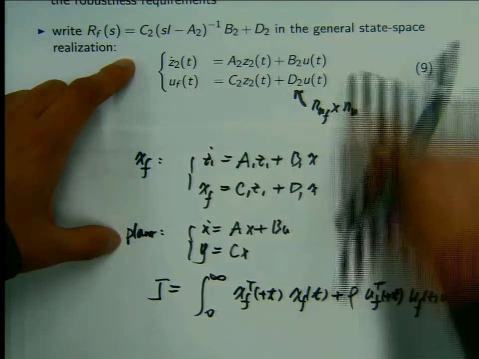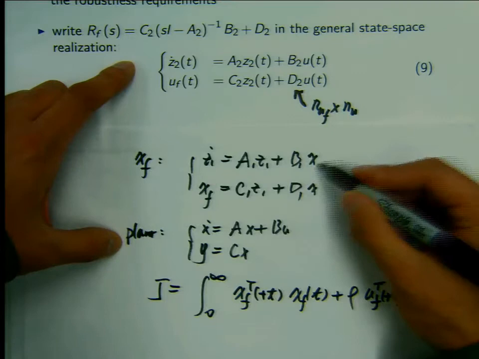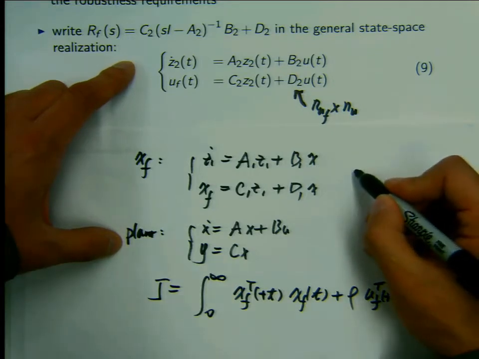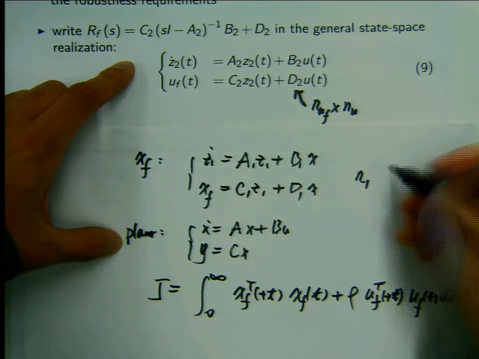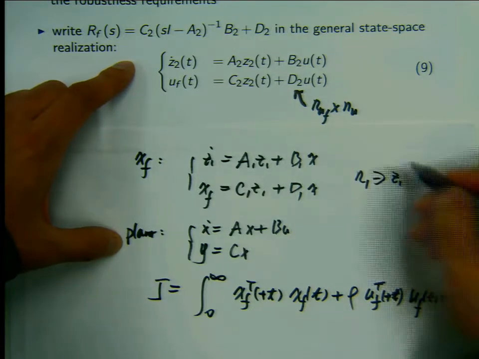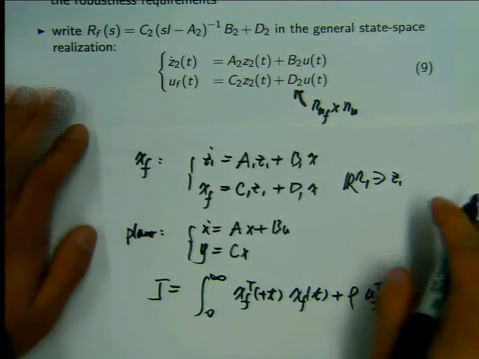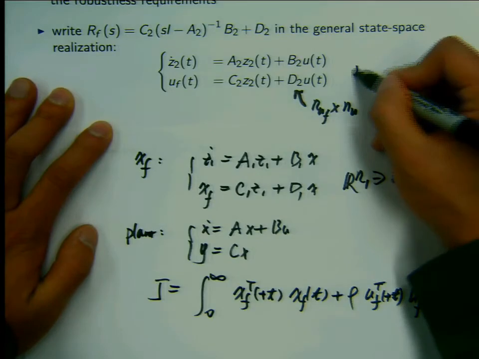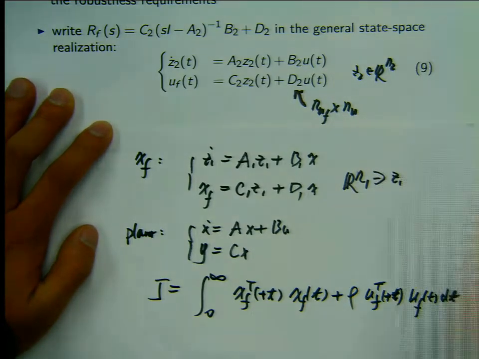If we have this all together, and the dimension of this is, I used n1, I think. So z1 is an n1 dimensional vector. And let's say z2 is an n2 dimensional vector.